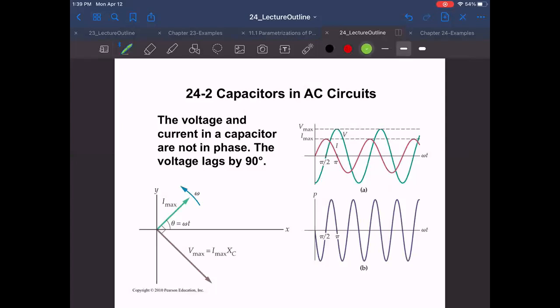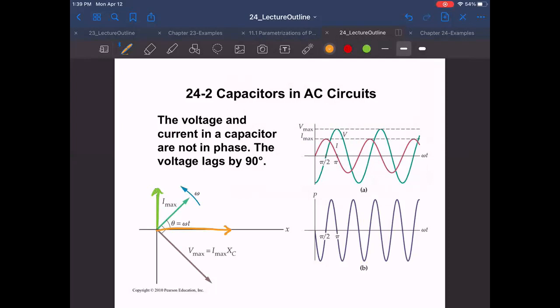In other words, when the current is pointed this way and at a maximum, the voltage is over here and its projection is 0. That's because your current is at a maximum when the capacitor is totally uncharged, and whatever first current you send in can just hop right on there with no resistance to it whatsoever.